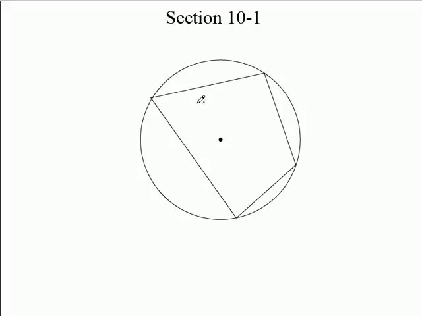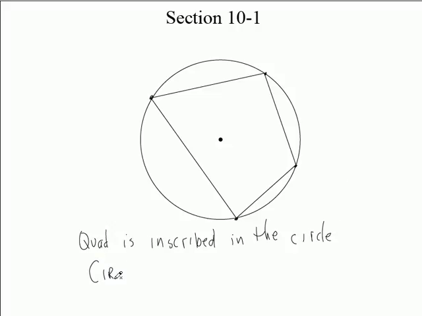Every vertex is right on the circle. We say that the quadrilateral is inscribed. You like that word? It's inscribed in the circle. Okay? So it's inscribed in the circle.